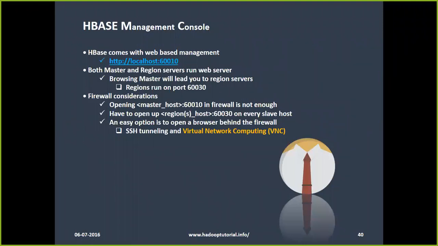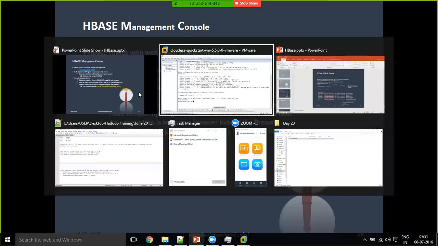Same like your HDFS having a web browser interface, here also you can access it. HBase comes with web-based management. Your master can be accessed through the IP address or the host name, colon 60010, which is the port number where your HBase Master runs.